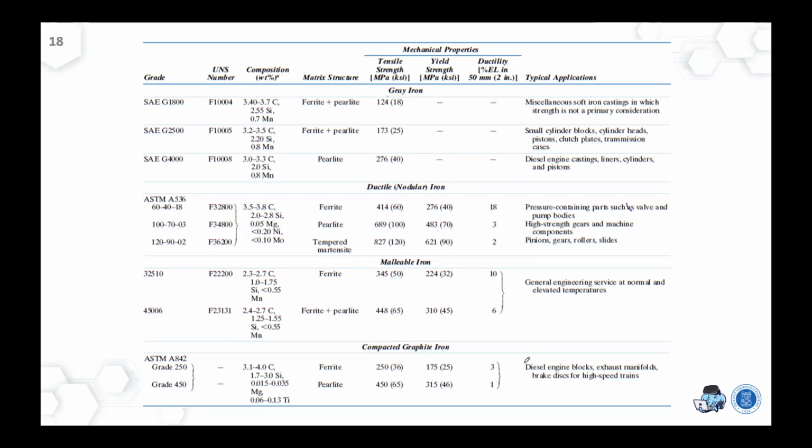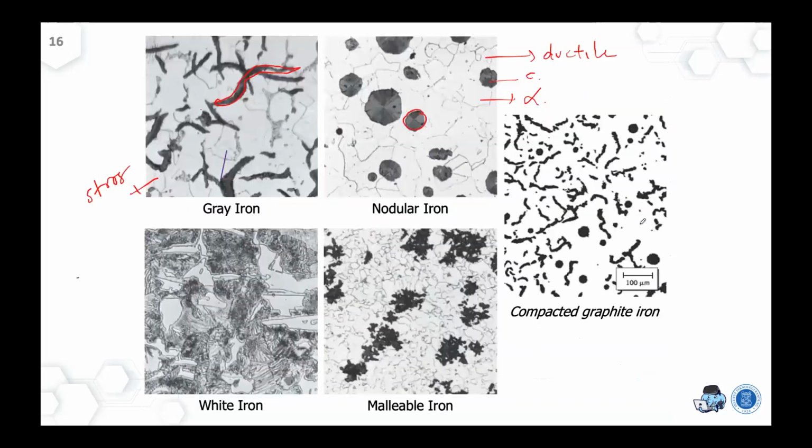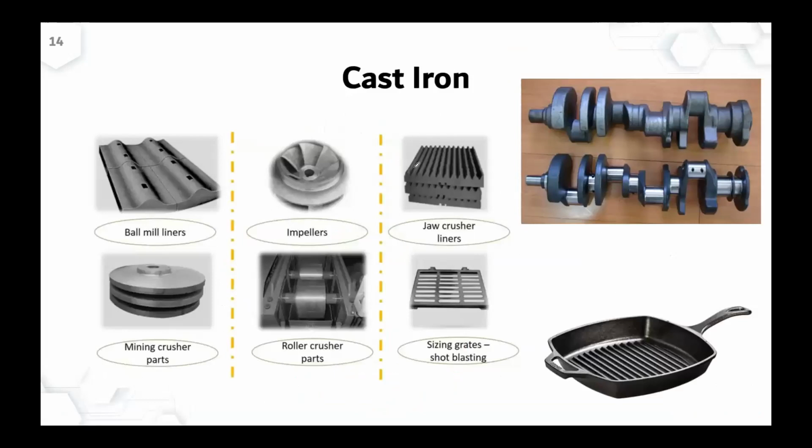So it is used for diesel engine blocks, brake discs for high-speed trains, cylinder blocks, transmission casings and so on, for gears and machines. When we make it, it just needs to be cast, harus dicetak. For example, they prepare a casting mold, ada cetakannya, and then they pour the melted metal in here, and let it set with fast, medium, or slow cooling.